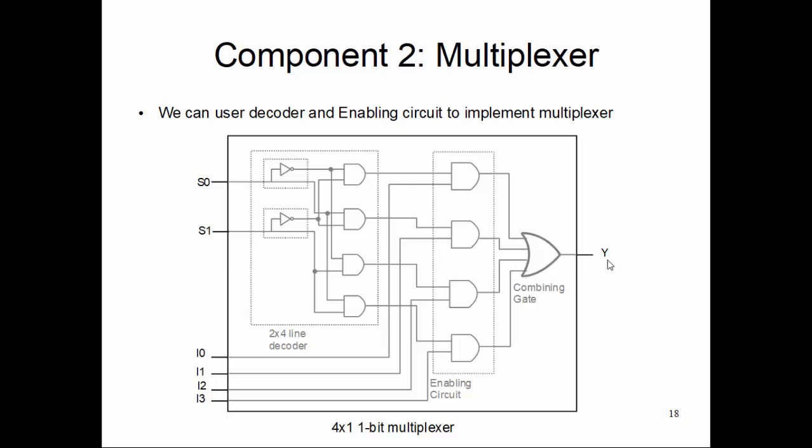Now in the same situation, let's say I3 is 0, then the output of the bottommost AND gate will be 0. So we combine 0 or 0 or 0 or 0, and Y will become 0. That's how this multiplexer selects one of the input signals between I0, I1, I2, I3 based on the selection bit setting. This is your multiplexer internal structure.